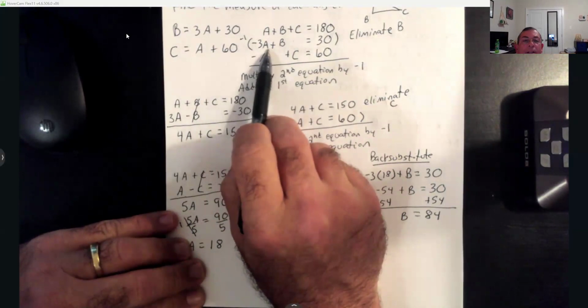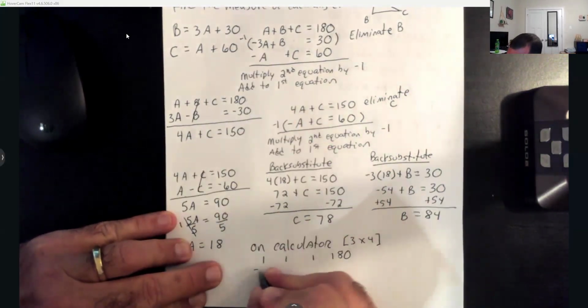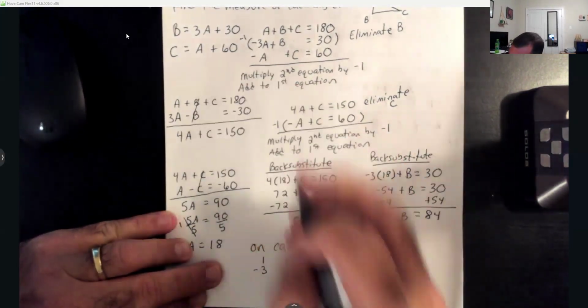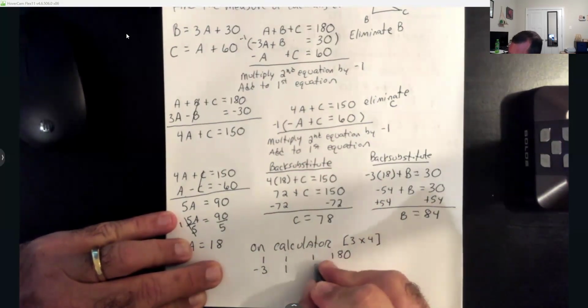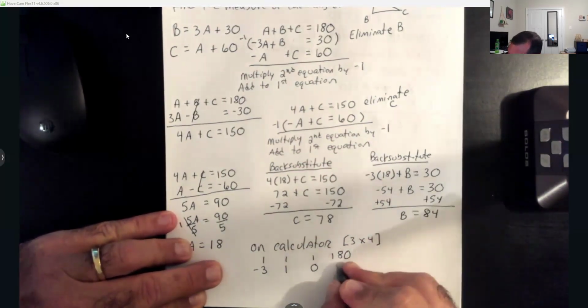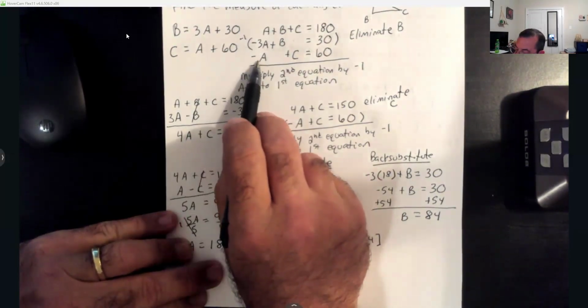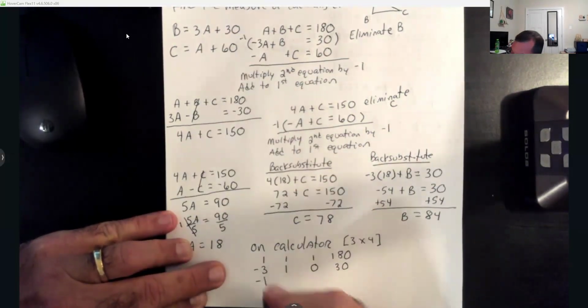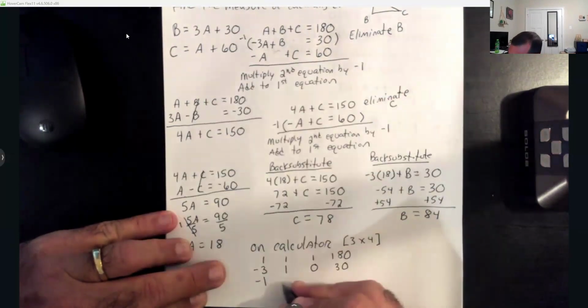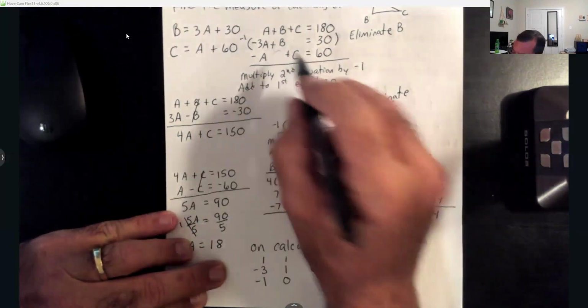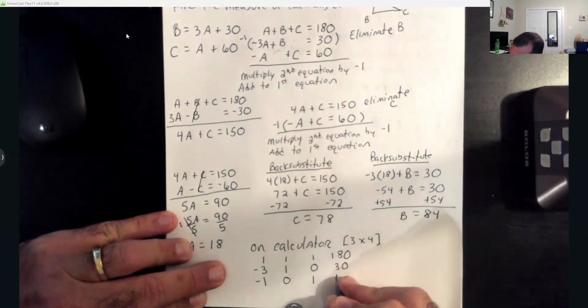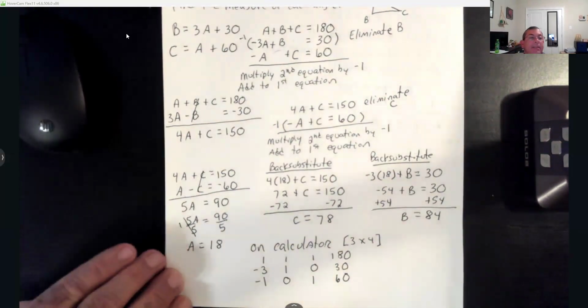For the second equation, I had -3 for the A, 1 for the B. I had 0 C's, and that equaled 30. And then on the last equation, I had a -1 for the A, 0 for the B, and a 1 for the C, and that equals 60.